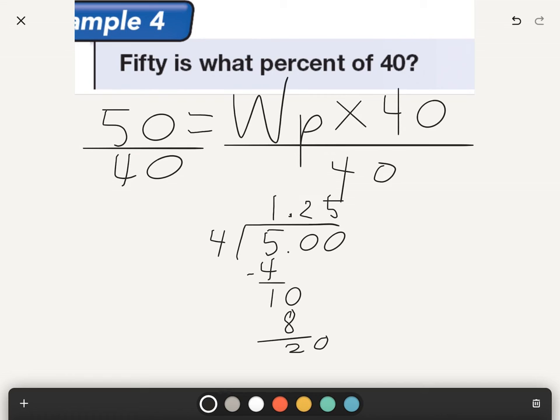All right, so now I've got my decimal, but I need to convert that to my percent, getting me 125%. 50 is 125% of 40, because basically we're adding 1/4 of 40, getting us 50. Da-da!